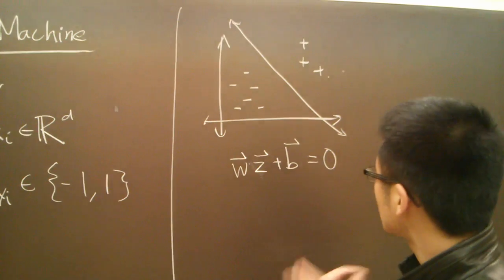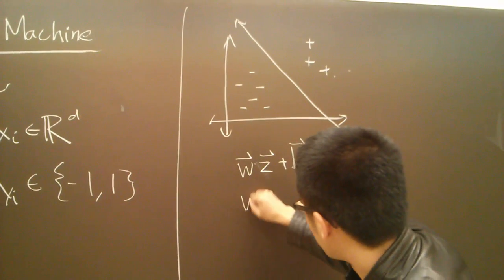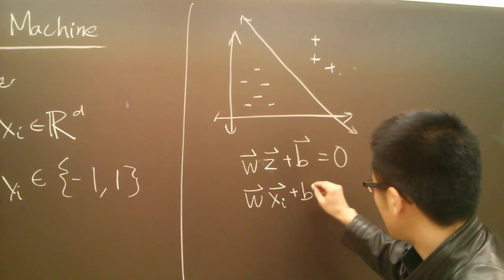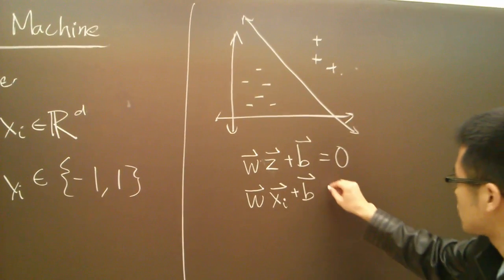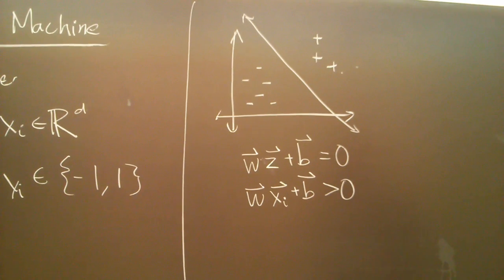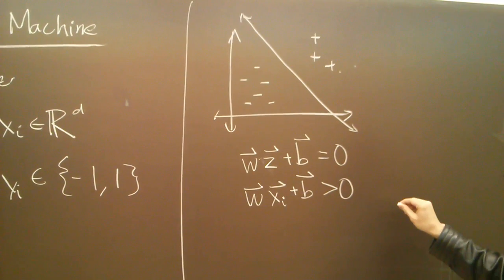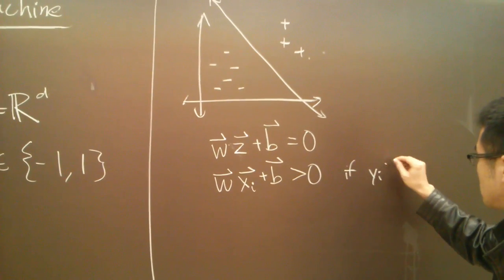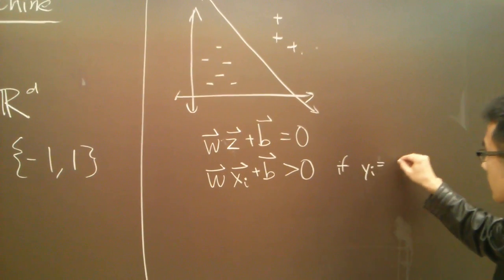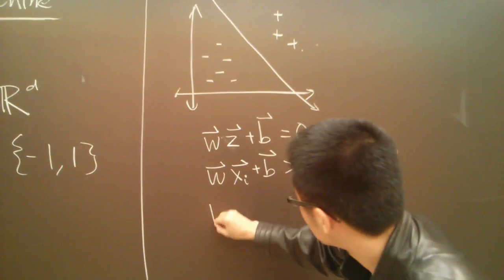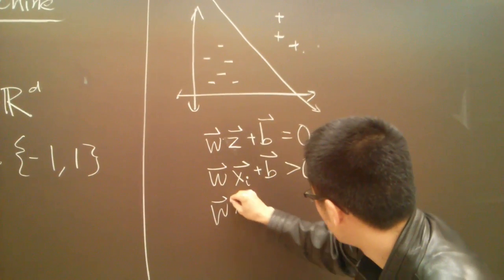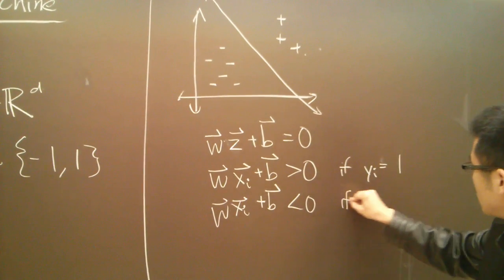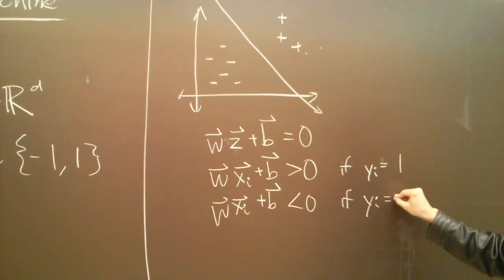So in order to correctly separate our examples, given some input xi, this should give us a value greater than 0 if the corresponding label is positive, and it should be less than 0 if the label is negative, right?